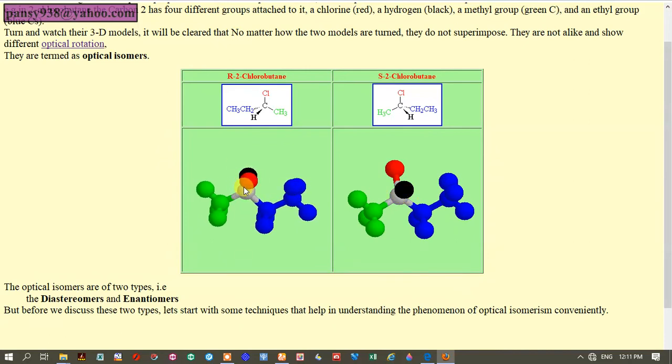So it means that both are non-superimposable and are mirror images of each other.